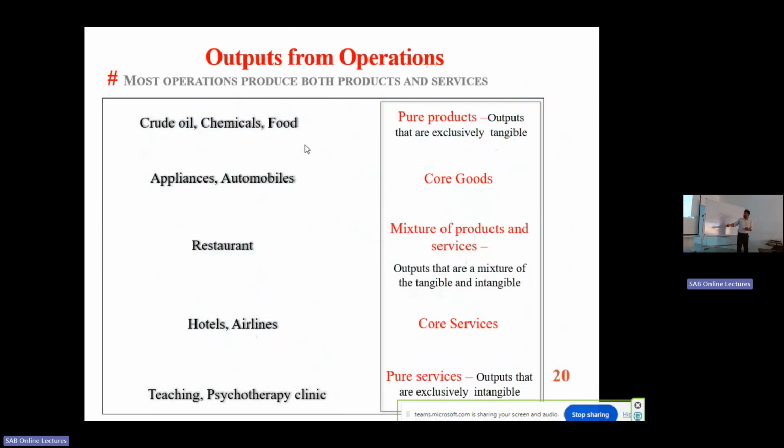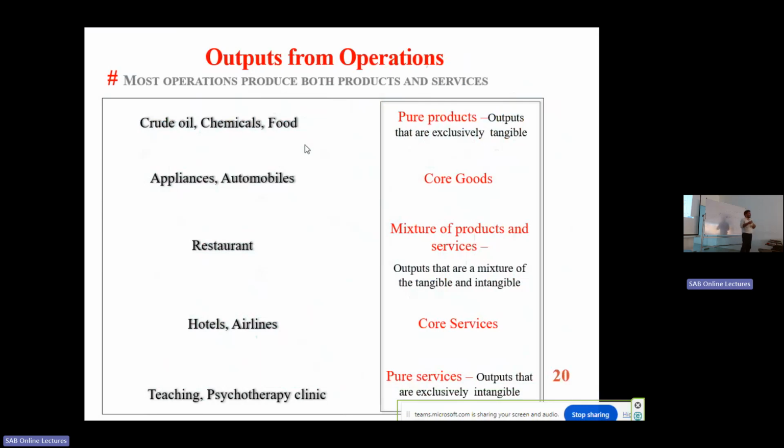On the other side, pure services are there like teaching, psychotherapy. However, most are somewhere in between. Somewhere here we call them core goods. They are mainly products, but with certain services.